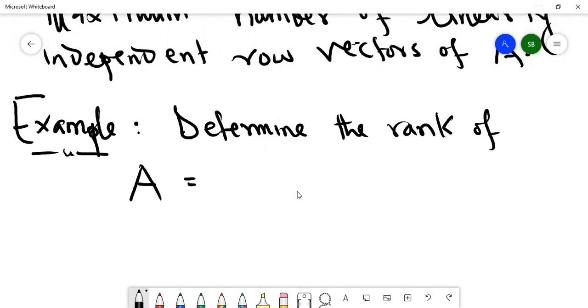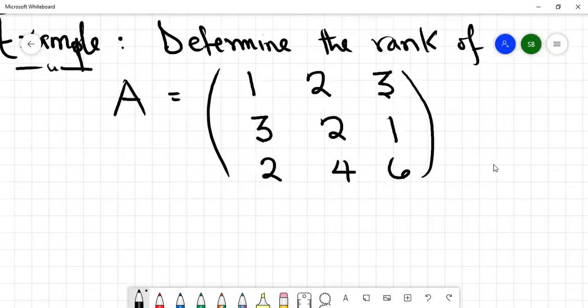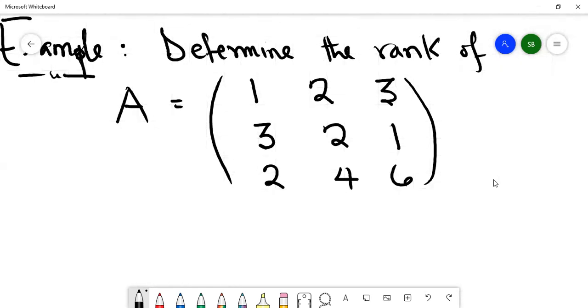Let's call it A, which is written as: on the first row you have 1, 2, 3. On the second row, you have 3, 2, 1. And the third row you have 2, 4, 6. So how would you determine the rank of this matrix? The question we should ask ourselves is, what are the row vectors?